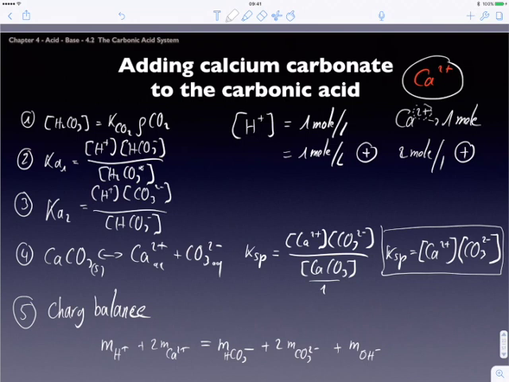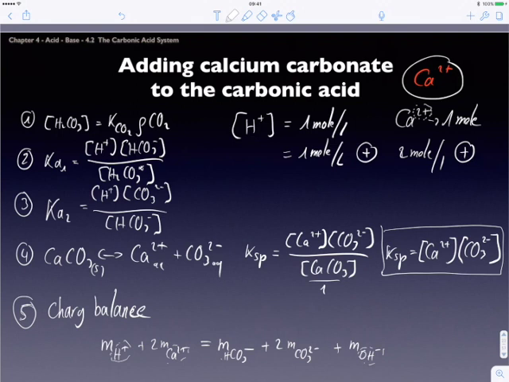So you have your elements here, you have H+ and OH- that balance, and you have your calcium, your carbonate and your bicarbonate together. So this has to be balanced. The sum of all those charges has to be 0. So this is your fifth equation.